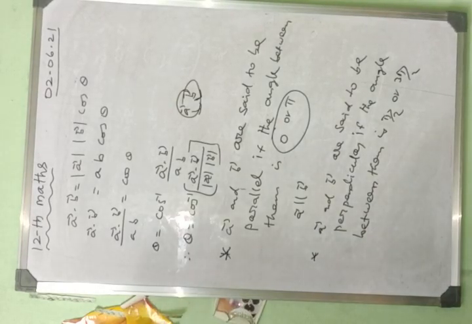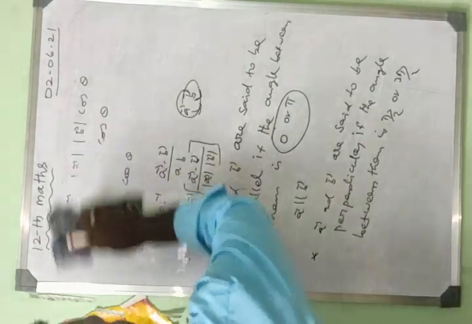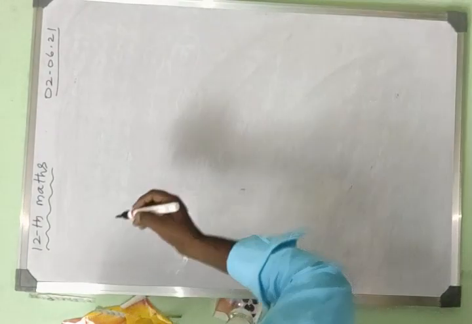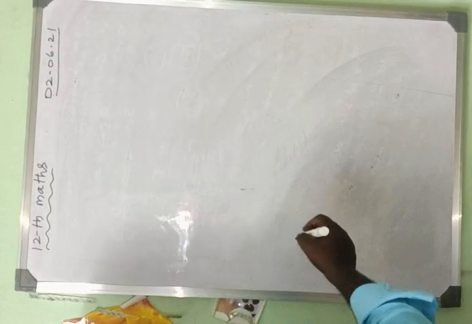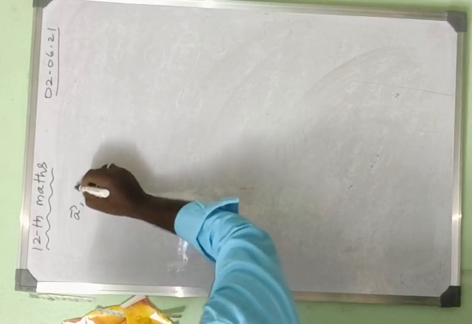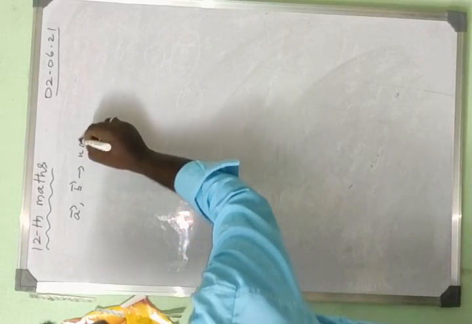Okay, next, properties. Listen here. Let A and B be any two non-zero vectors.